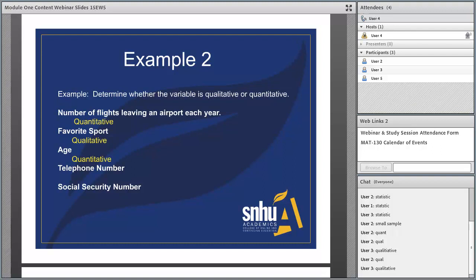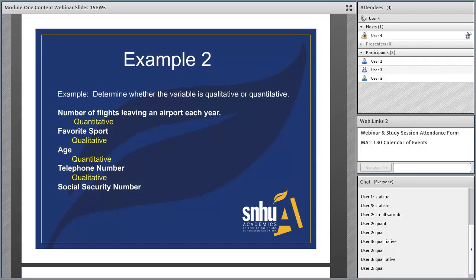Now, how about your telephone number? So this one's a little bit trickier. Yeah. So your telephone number is qualitative even though it's a number, right? This is one of those trick questions because it's a number, but that number doesn't really have meaning. If you have some 10-digit telephone number, that doesn't represent something as a number, even though it has numbers in it.